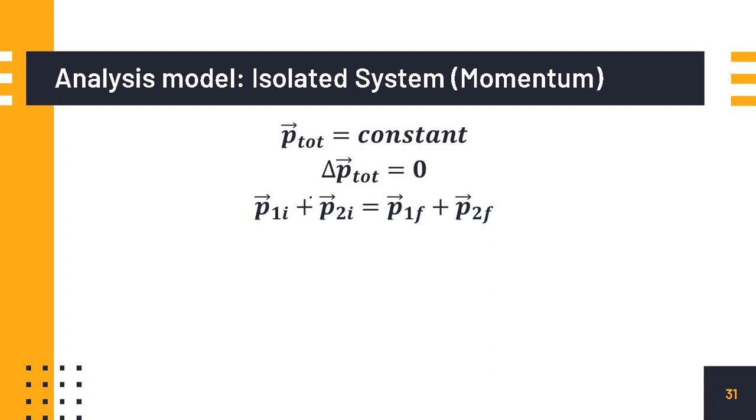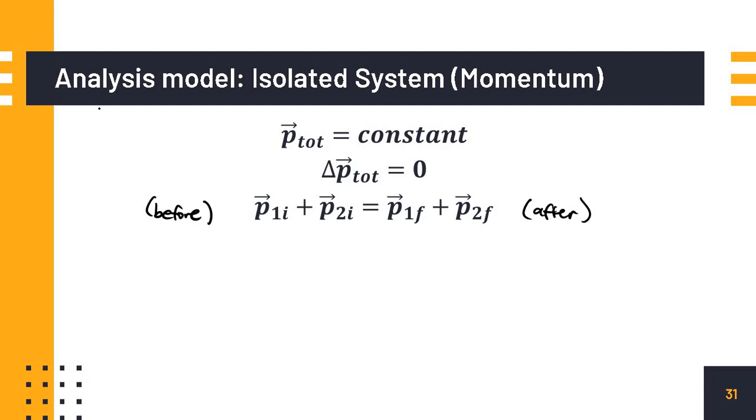On the left side you can locate the initial momentums of the particles within that system, and on the right side you can locate the final momentums of the particles within that system. So we can summarize this equation as: this is the momentum of the particles before collision, and this is the momentum of the particles after collision.